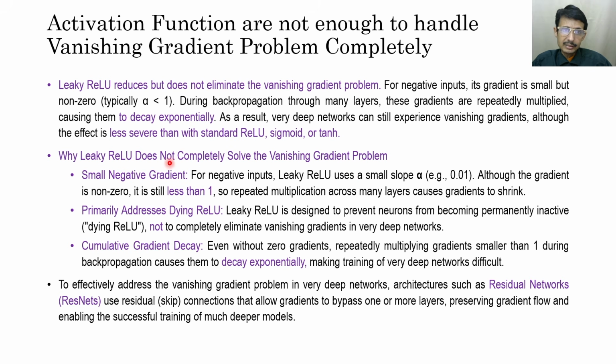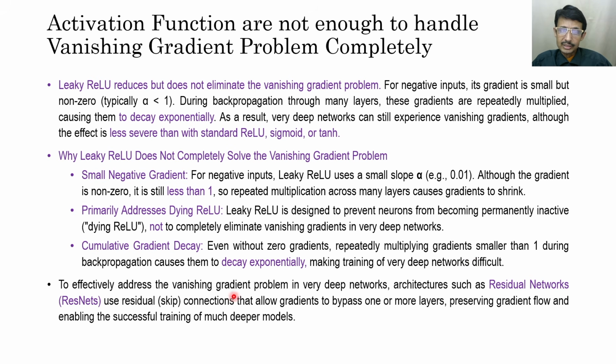Actually, this small negative gradient, this alpha, is basically to solve the dying ReLU problem, not the vanishing gradient. Leaky ReLU is designed to prevent neurons from becoming permanently inactive, not to completely eliminate the vanishing gradient. And there is another issue, cumulative gradient decay. Even without zero gradients, repeatedly multiplying gradients smaller than 1 in backpropagation causes them to decay exponentially, making training a very deep network difficult.